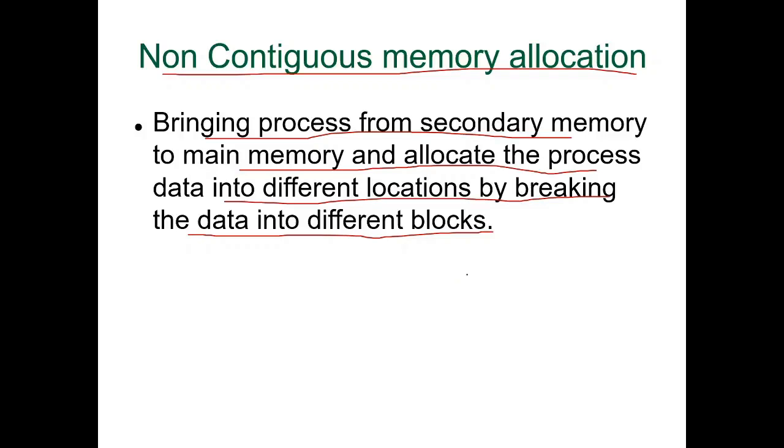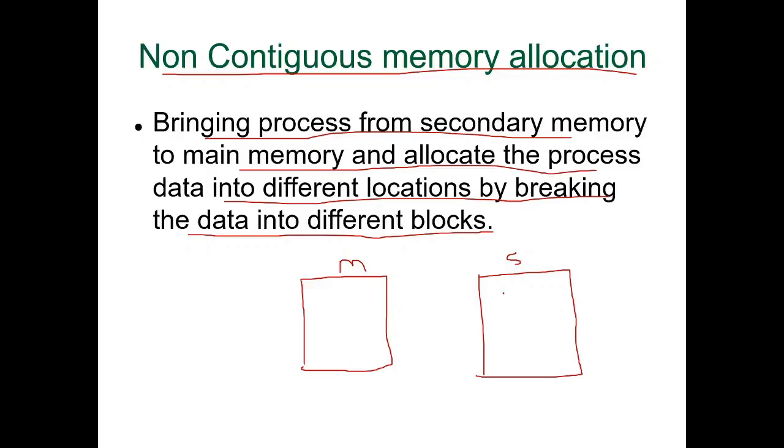So let us understand the difference between contiguous and non-contiguous memory allocation. Suppose there is a secondary memory and a main memory, and you are going to bring processes from secondary memory to main memory for execution. The memory, whether secondary or main, is divided into a number of blocks.